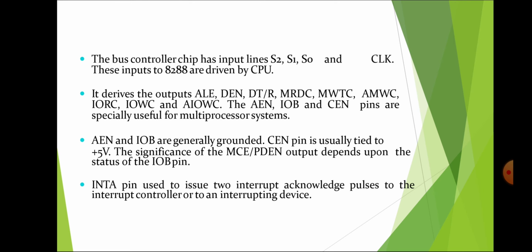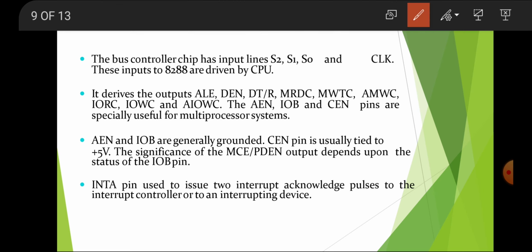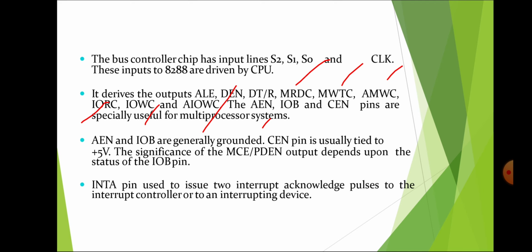That is nothing but memory read, memory write, advanced memory write, input output read, input output write, and advanced input output write, and then the enable pins AEN, IOB and CEN are especially useful for the multiprocessor system. So AEN and IOB are generally grounded, and the CEN pin is usually tied to plus 5V, and the significance of the MCE and PDEN outputs depends upon the status of the IOB pin.